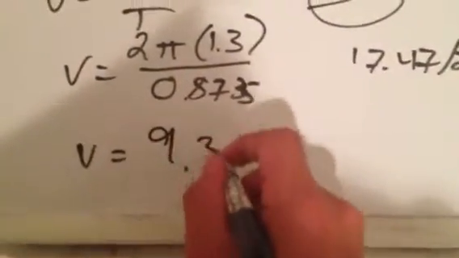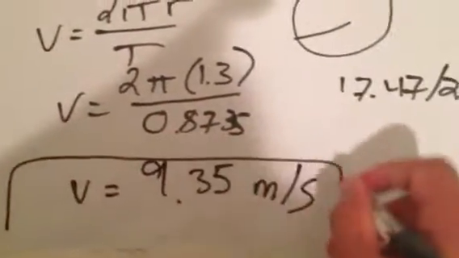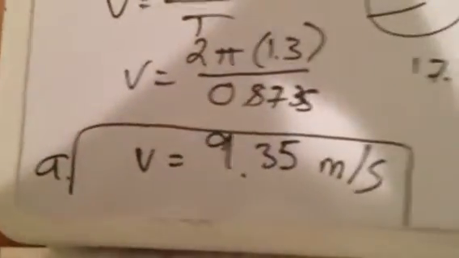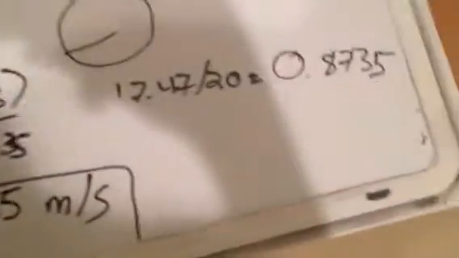Turns out to be 9.35 meters per second. That's the answer to part A, and make sure you include your units. And we're going to use this answer to find the answer to part B. You'll see in a moment why.